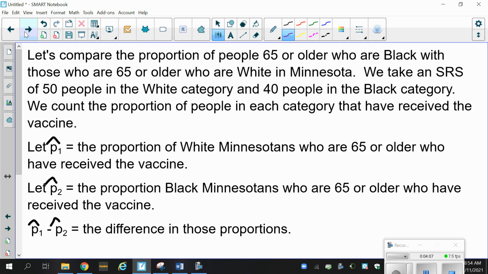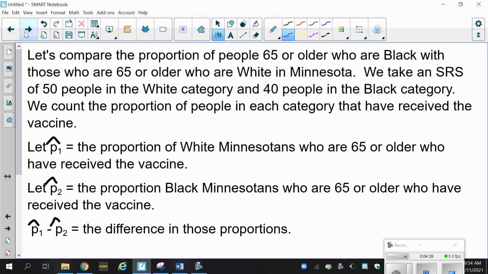So here would be a situation. We want to compare people who are 65 or older who are black with those who are 65 or older who are white in Minnesota, since we know the population parameters there. So we take a simple random sample of 50 people in the white category, and just to show you that you do not have to take samples of the same size, we will take 40 people who are black and 65 or older.